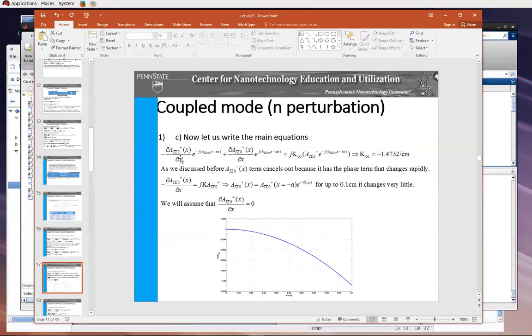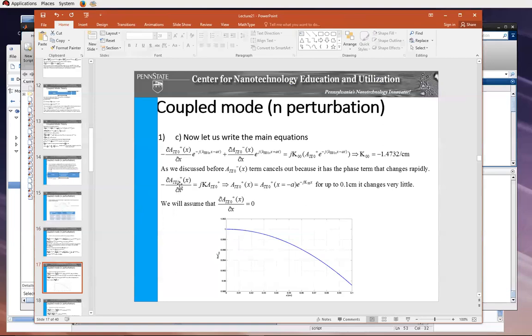If you look at the whole governing equation, we see this again for the 0 mode, and the negatively going term cancels out because it has this phase that is rapidly changing. So if you integrate it, it won't really matter. This, on the other hand, has the same phase as this one, so these two will be important.